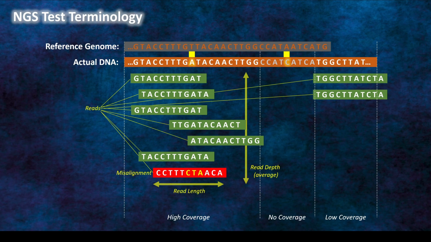You've got areas of the test that have produced reads in high coverage, no coverage, or maybe low coverage. Now, obviously, the amount of coverage is greater than in this example. That's where, when you see that a test is targeted at like 50x versus 60x versus 15x and so on, that's the read depth that it's targeted for. Now that will vary quite a bit across the whole genome.